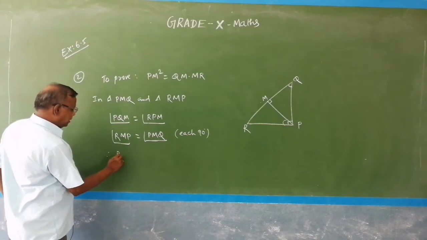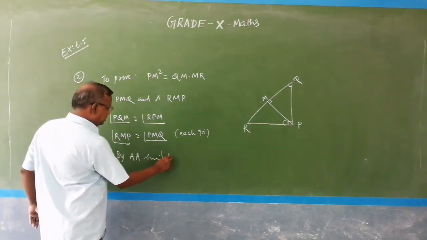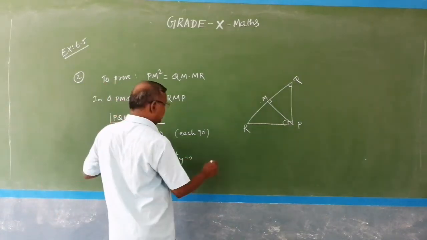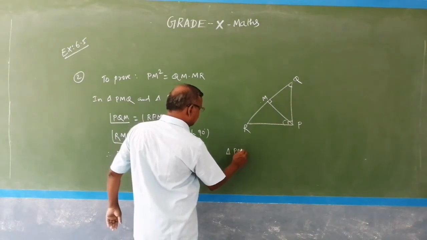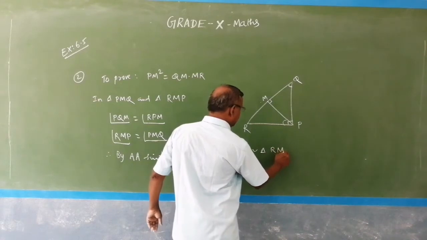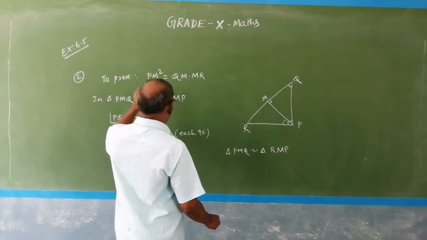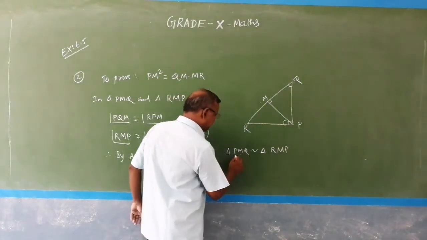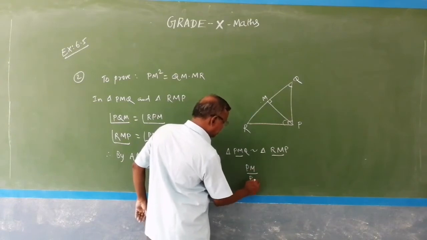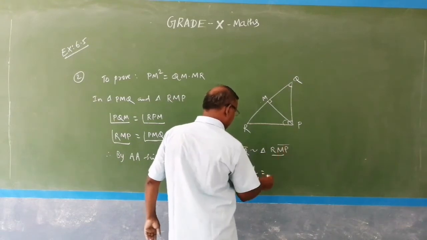So, these two, therefore, by the AA similarity criterion, we have triangle PMQ similar to triangle RMP. Therefore, by property, PM by RM equals QM by PM.